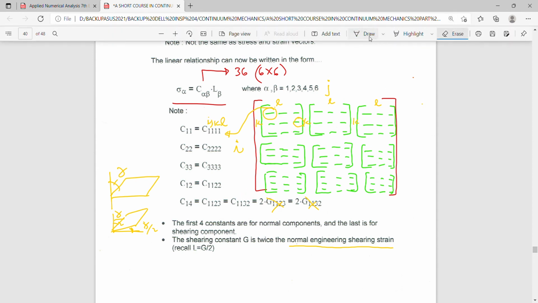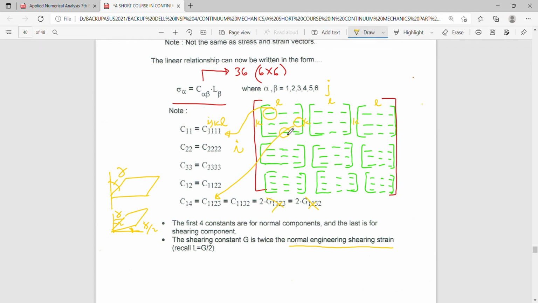Okay. So, C1123. Parehas lang siya ng C1132. Okay? So, parang ganun yung ibig sabihin nito. So, pag binigyan ko kayo ng problem, alam niyo kung saan niyo pupulutin ito.